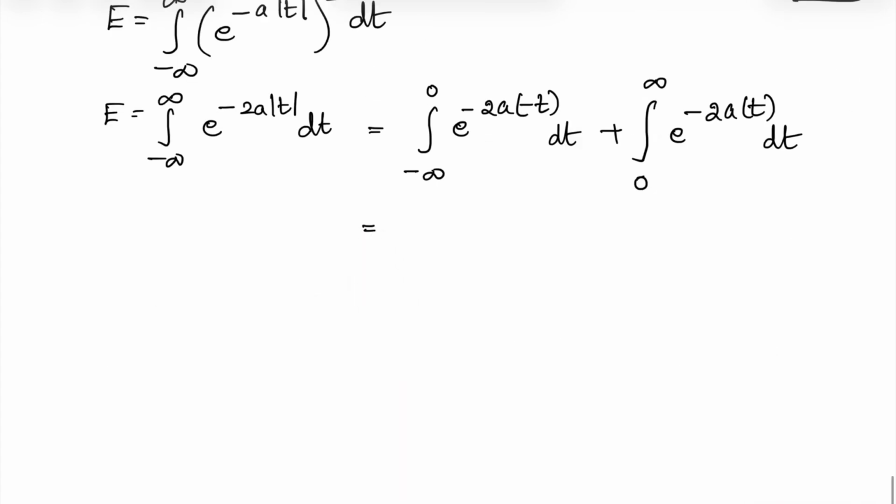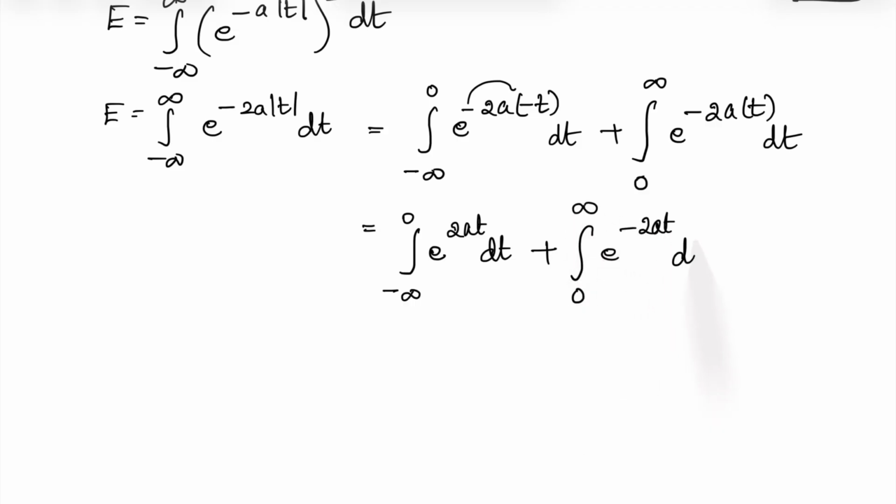So this becomes integral minus infinity to 0, e power minus and minus becomes plus, e power 2at dt, plus integral 0 to infinity e power minus 2at into dt.